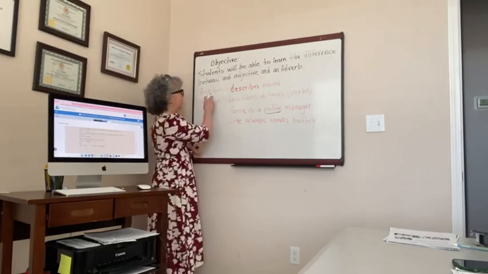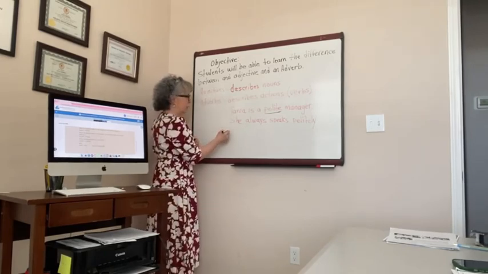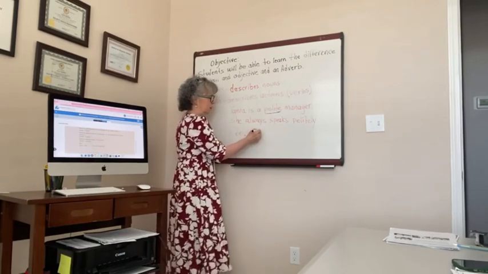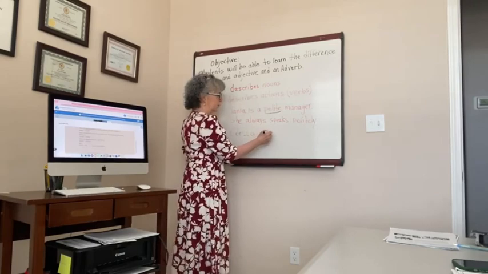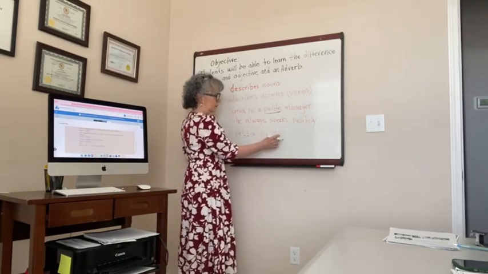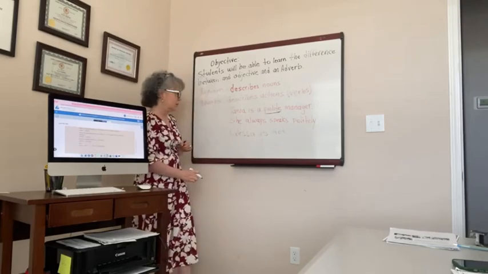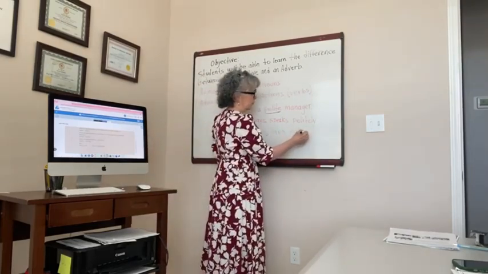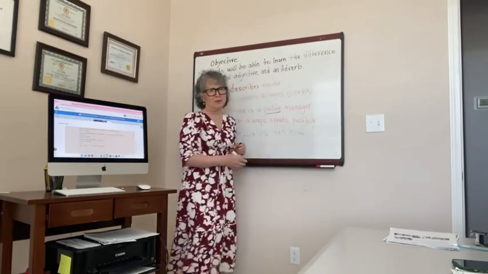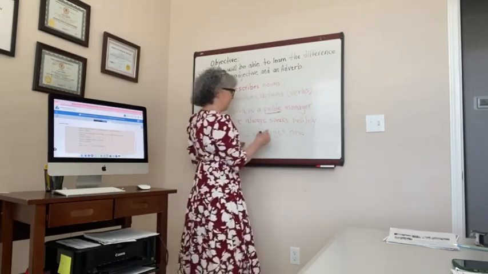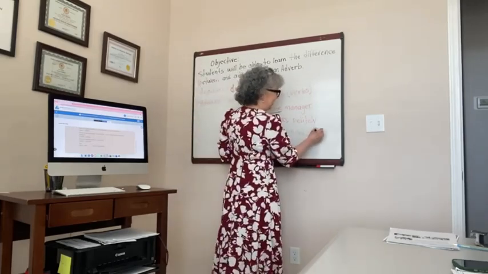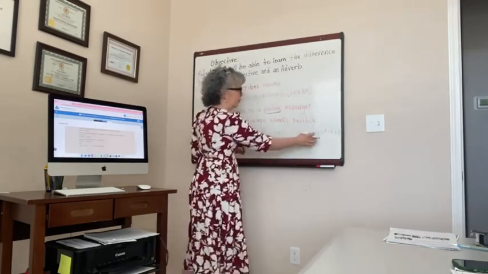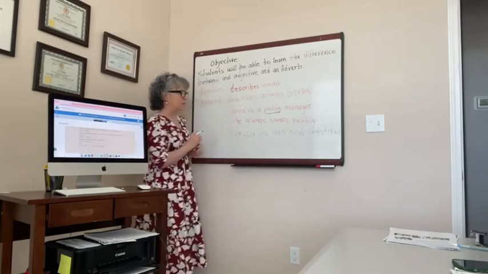So how is Odessa? Odessa is hot. Hot is an adjective. Hot and beautiful. Well, not really, but let's say it's beautiful. So we are describing Odessa. It's hot and beautiful. Adjectives here.